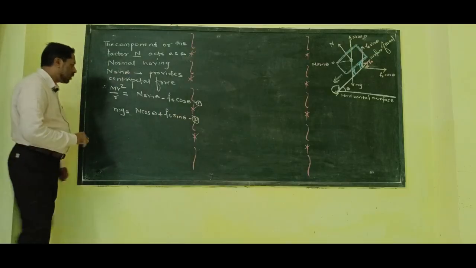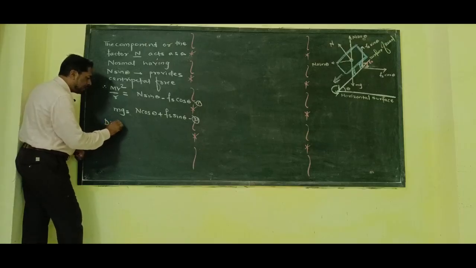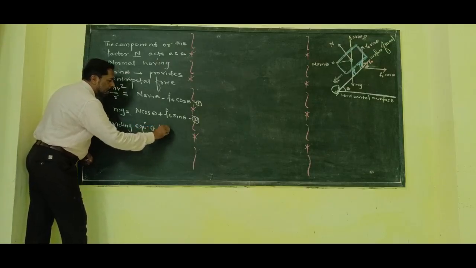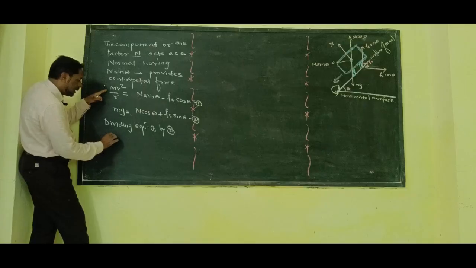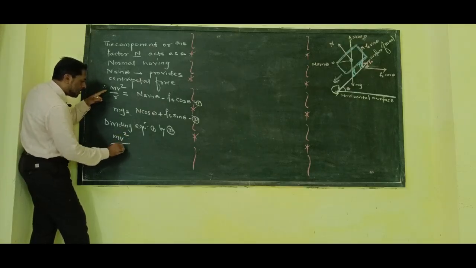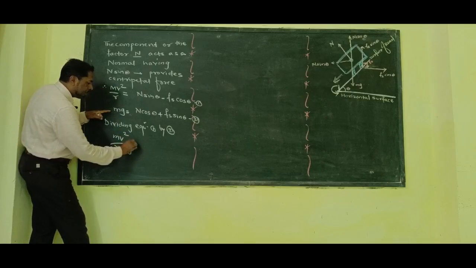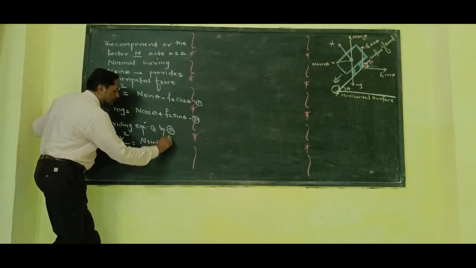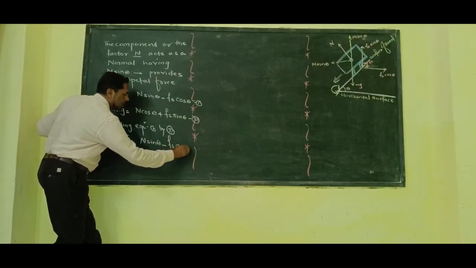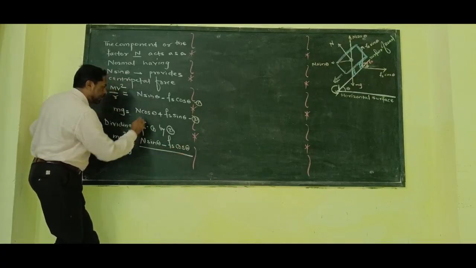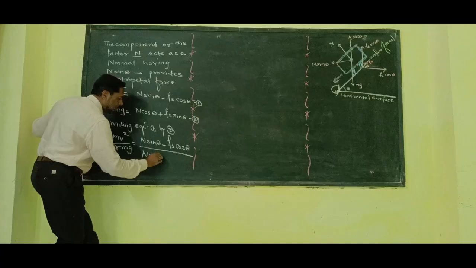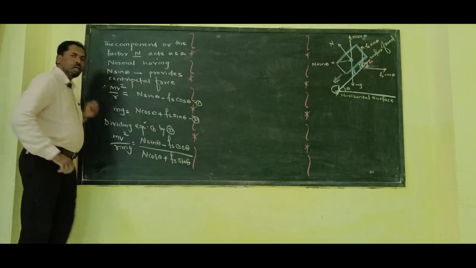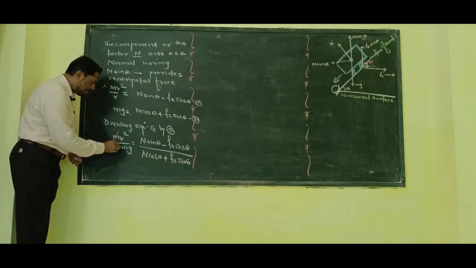Dividing equation 1 by 2, what we get is mv square upon r into mg is equal to, on the right side, N sin theta minus Fs cos theta divided by N cos theta plus Fs sin theta. The common factor gets cancelled here.